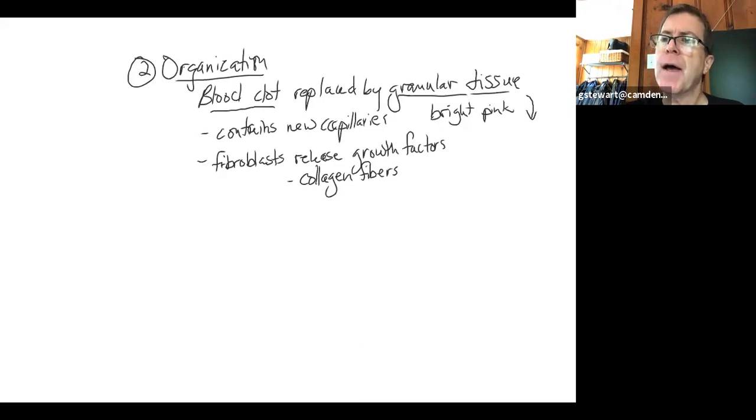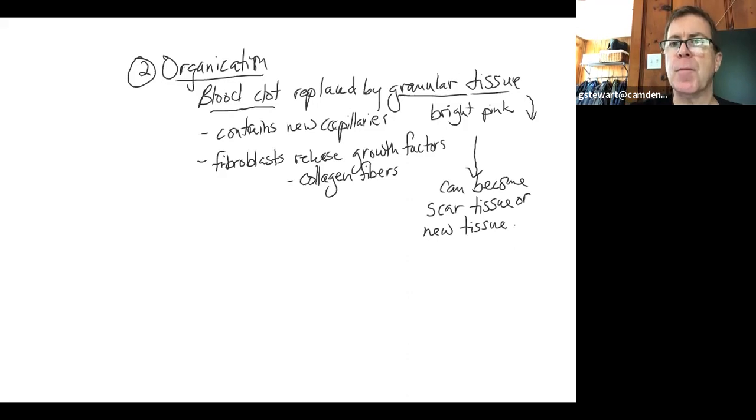Sometimes this granular tissue can then become what we call scar tissue, depending on the severity of the injury. I'm going to write: can become scar tissue and or new original tissue.